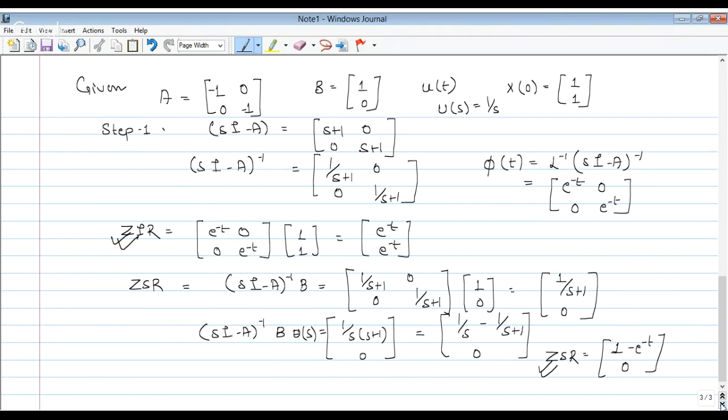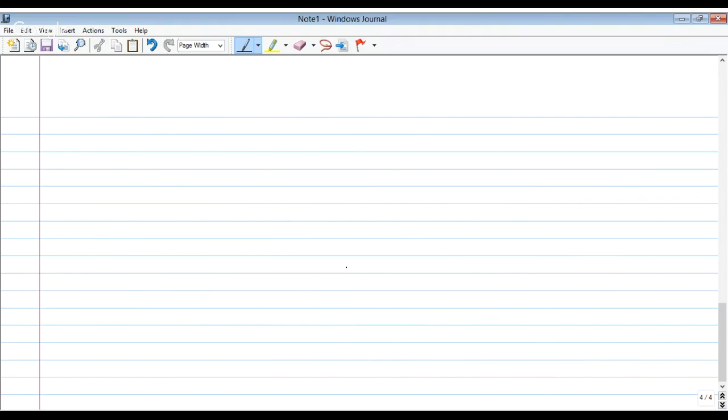Moving on to the next one. Mayank is facing difficulty in graphical convolution. So let me take a case of continuous time.